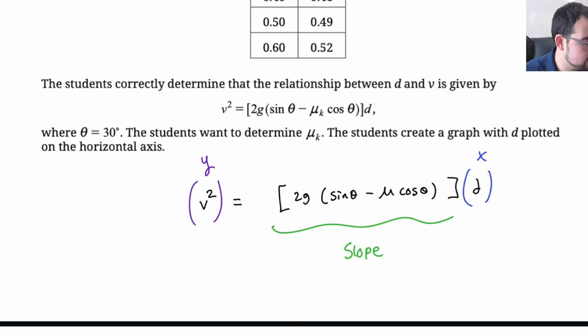Sine theta, well, theta is 30 degrees. So sine theta is going to be a half, and cosine theta is going to be root 3 over 2, which is 0.87, I think, when I did this earlier. And g is 10. So all that's missing is mu from the slope if we find it.